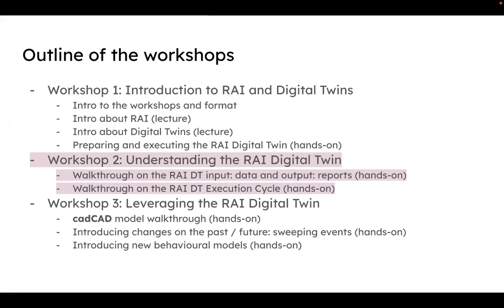We had a hands-on section where we executed the RAI digital twin and discovered how to run it. We also had some challenges. We had several submissions, and it was super cool because, for a lot of the people that submitted this week, it was their first pull request on GitHub. So happy to form new open source contributors.